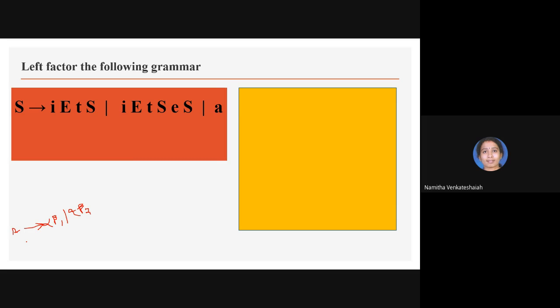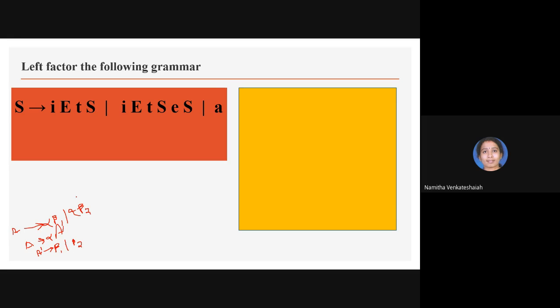Okay, then I should rewrite A produces alpha A dash, and A dash produces beta 1 or beta 2. So this is the formula.